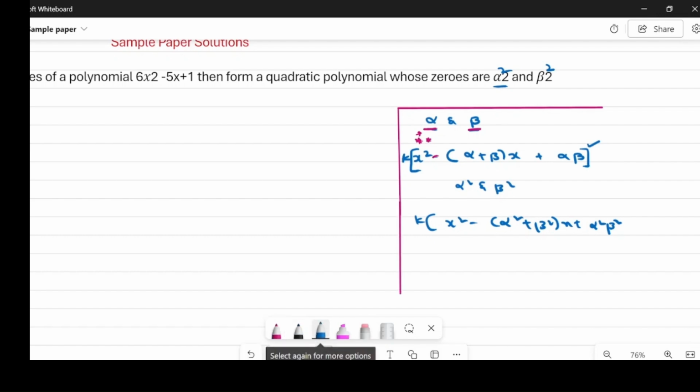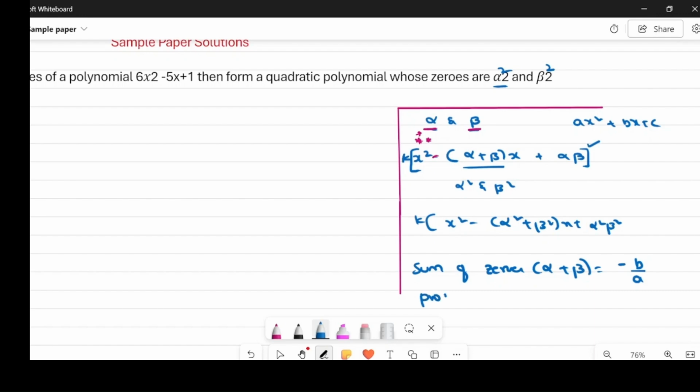Okay, so here another one more thing you need to know in this method is that we need to know the sum of the zeros, when we have our quadratic polynomial ax square plus bx plus c. Then the sum of zeros, which we can write as alpha plus beta, is minus b by a, that is minus coefficient of x by coefficient of x square, and the product of zeros, alpha beta, is c by a, which is constant by coefficient of x square.